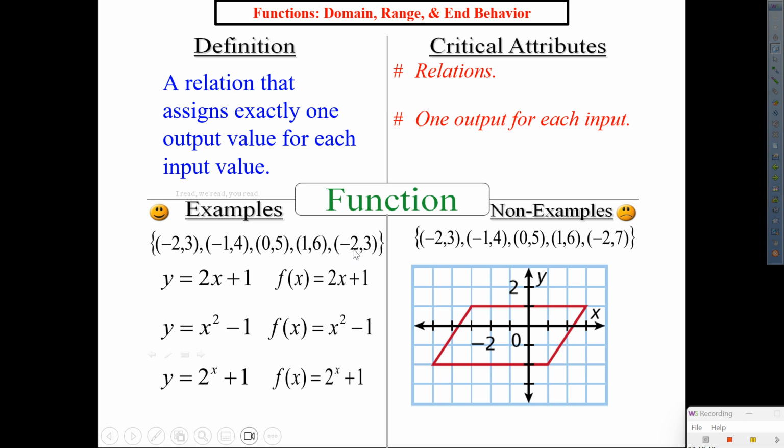So over here, the X value repeated, -2, and it's the same one. Therefore, why is this one not a function? Yeah, the last point is not the same as the first one. This one was -2, 3. This one should have been a 3, but it's a what? 7. Man, Martin's on the ball today.